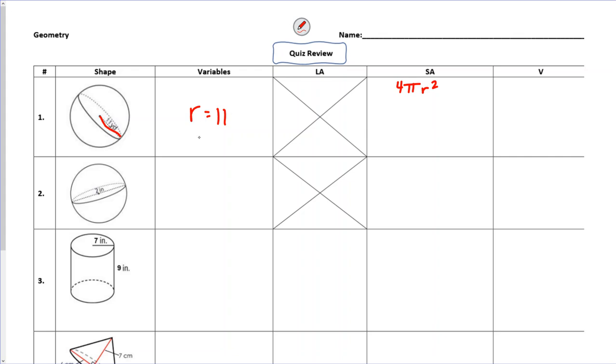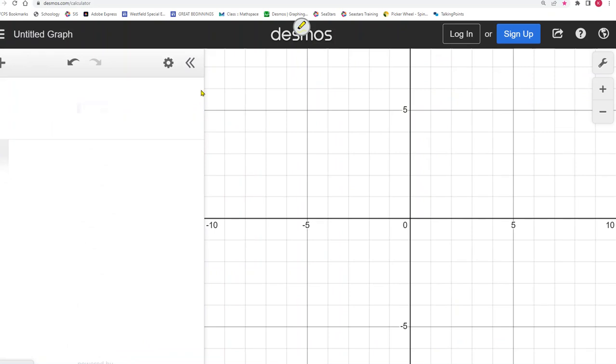Now, we already have our radius, so we can just plug that in, which is 4 pi times 11 squared. Then we skip the pi, and we can type the rest right into Desmos. So if we do 4 times 11 squared, we get 484.